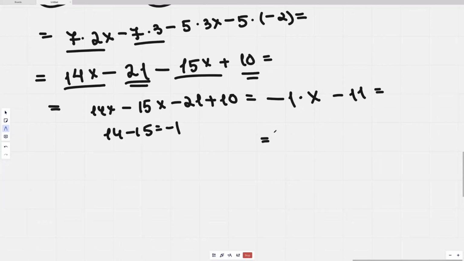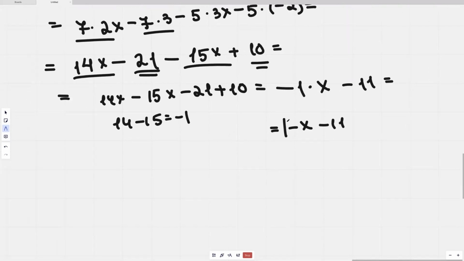The -1 multiplied by x can be written as just -x, minus 11, because the 1 doesn't affect the expression when it is multiplied by something. It has no effect, so we can write only the negative sign. So this is our final result.